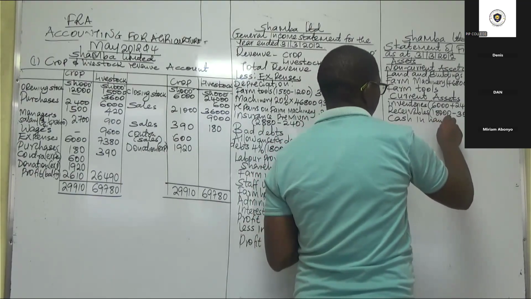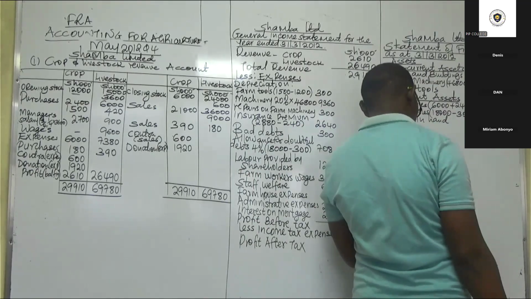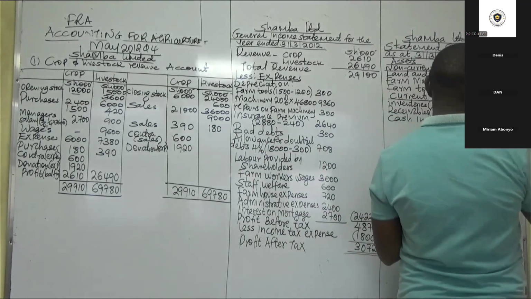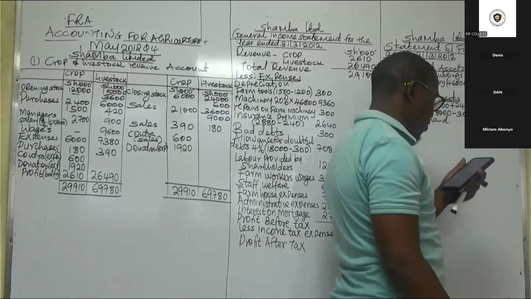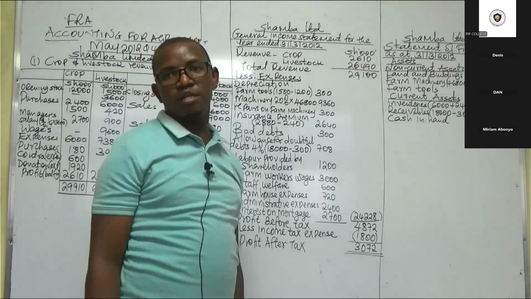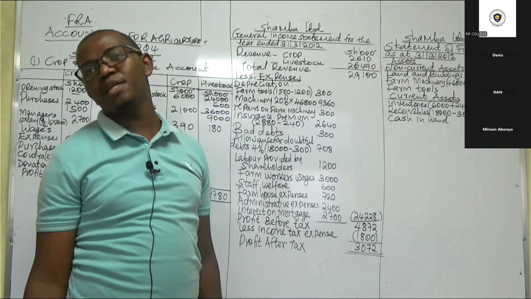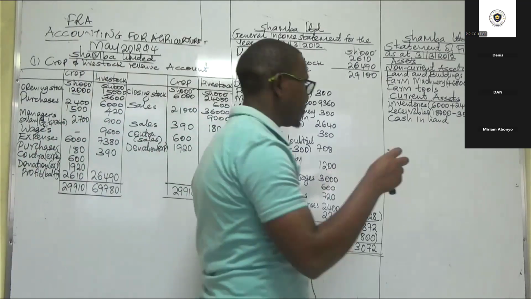We also add cash in hand. Cash in hand was of how much? The balance was 15 what? Now, the bank balance there, we were told that it was a credit balance. If it is a credit balance, that means it's an overdraft, and therefore we're not going to put it here.